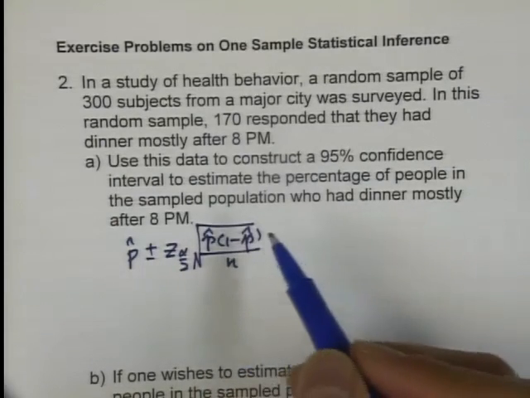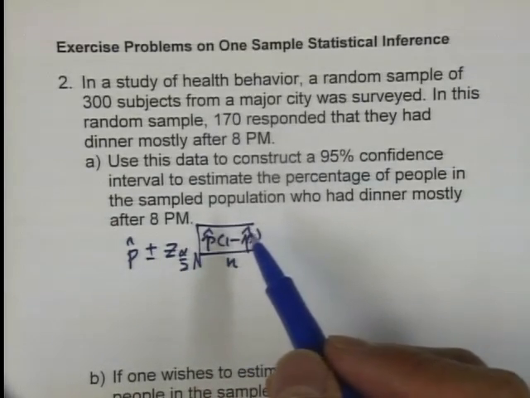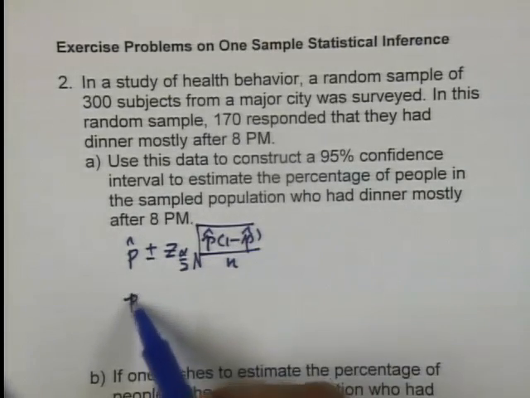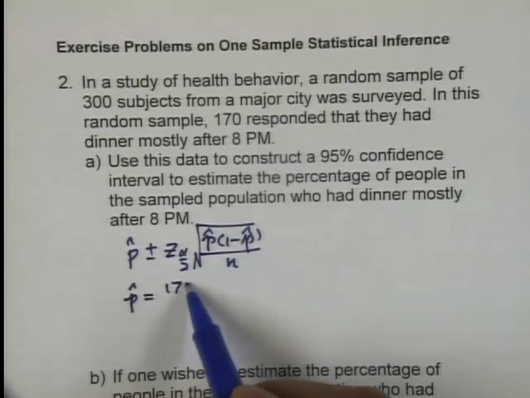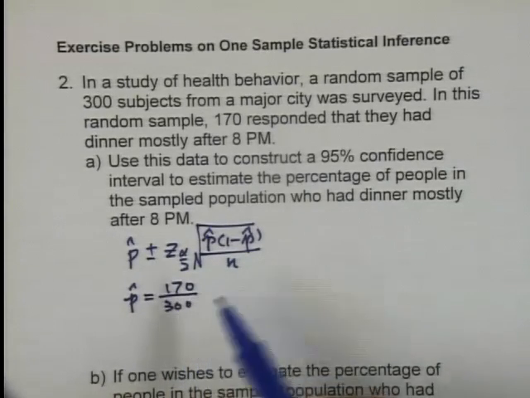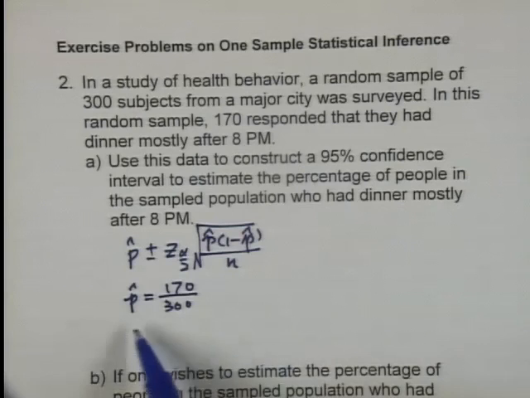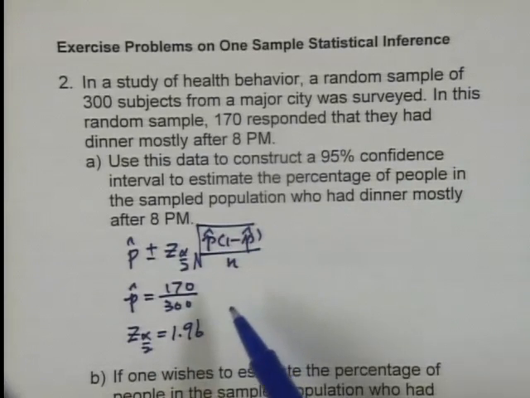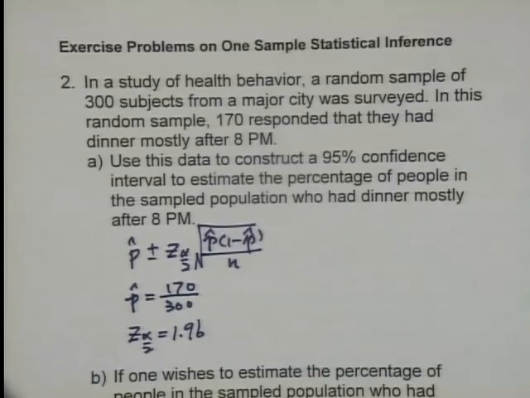You can look up our notes. So what is the p-hat then? P-hat here is 170 out of the 300. What would be the z-score for this problem? Again, it's 95%. You don't have to look up a table. After a few problems, you probably have that memorized. That's 1.96, okay?